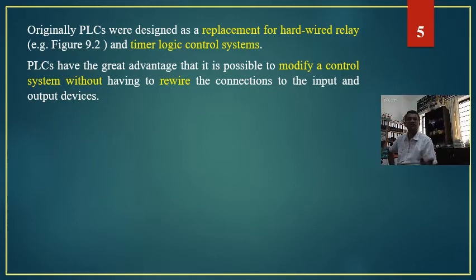That means first cylinder A expands, then retracts, that is A minus. Once A minus happens, then B plus, cylinder B expands, then B minus, cylinder B contracts. Once that is over, then C plus, cylinder C expands, then C minus, cylinder C contracts. If that is the process to be done, these cylinders need to be properly interconnected with each other through the relays.